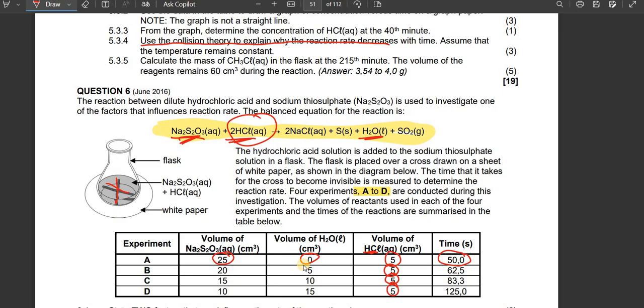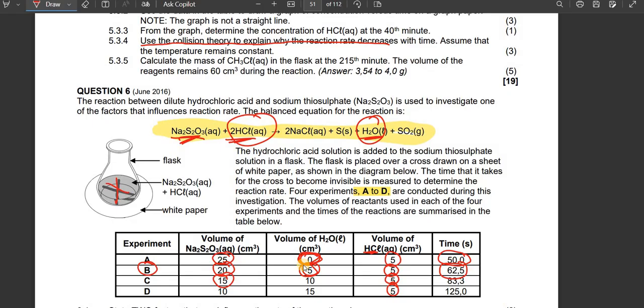Oh, and do you see this 0 here, guys, it means after 50 seconds the cross had disappeared. However, there was 0 centimeter cubed of water that was formed. Let's see, in experiment B, they used 20, and then after 62.5, the cross disappeared, but the volume of water that was produced was 5 centimeter cubed.